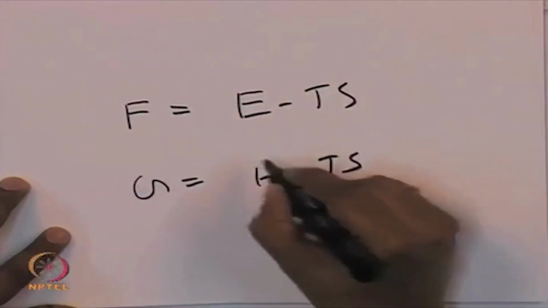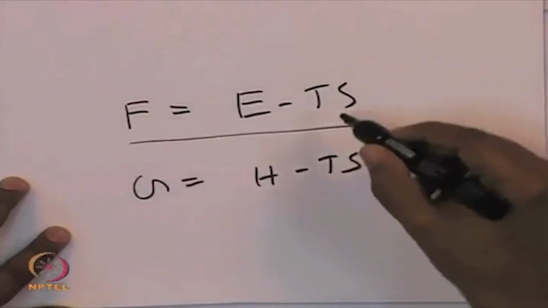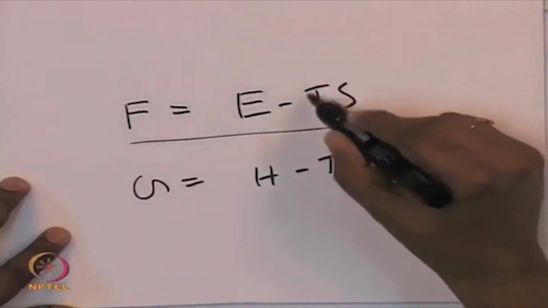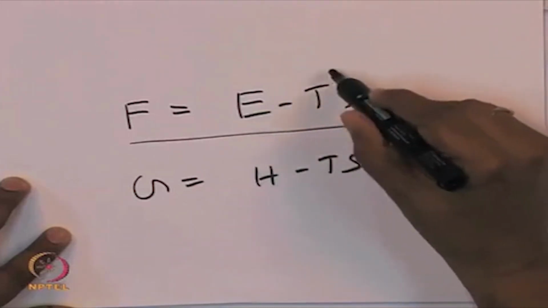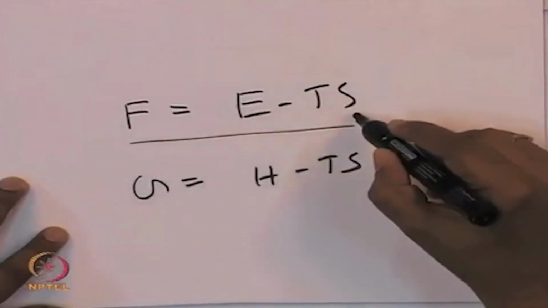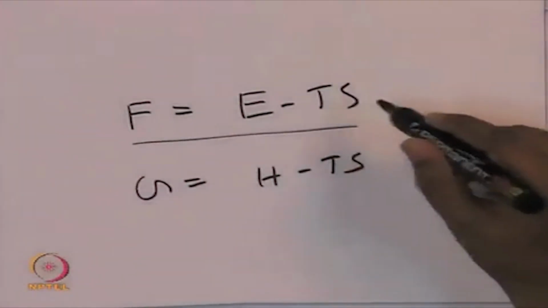H is also energy, written in a different form. The idea is the same. You have to subtract this part, calculate the entropy, and only then will you get the free energy, and free energy is what decides the equilibrium of the system. So, let us calculate the entropy.